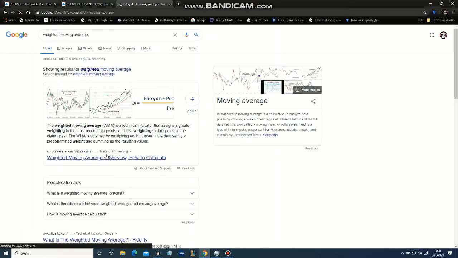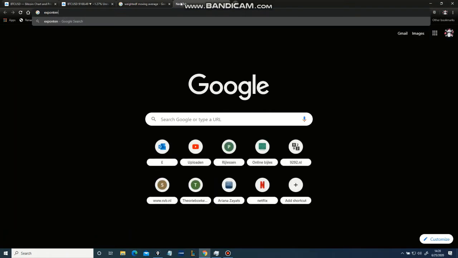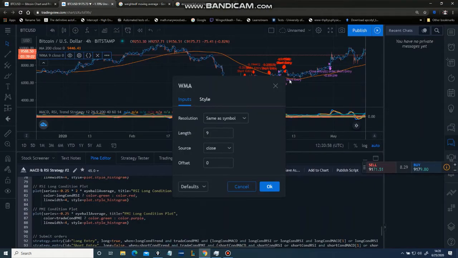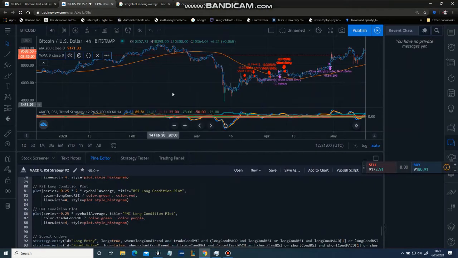Make sure that you know what you're dealing with. To the most recent data points. Okay, and what is an EMA? Exponential moving average. Because then I want to know why that's not just called a weighted one. Exponentially weighted. Okay, so that's just weighted heavier.